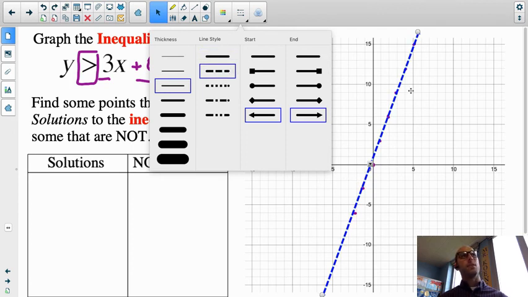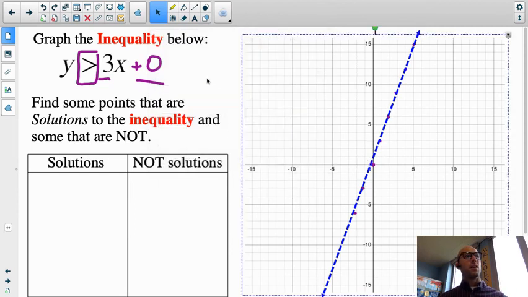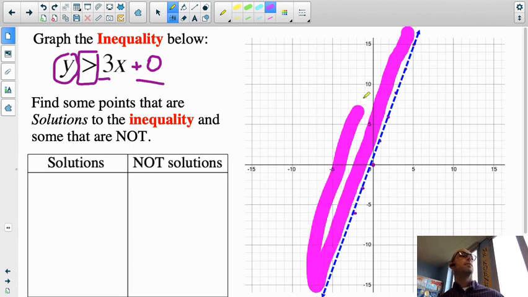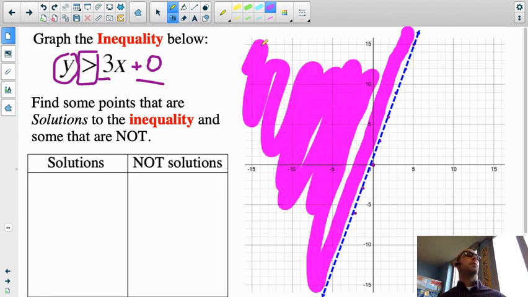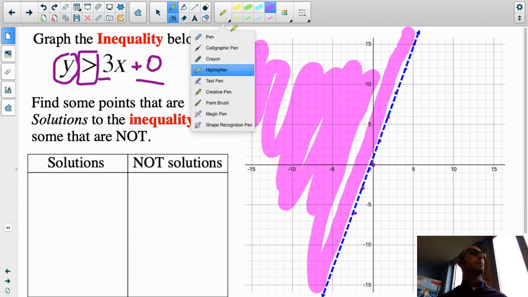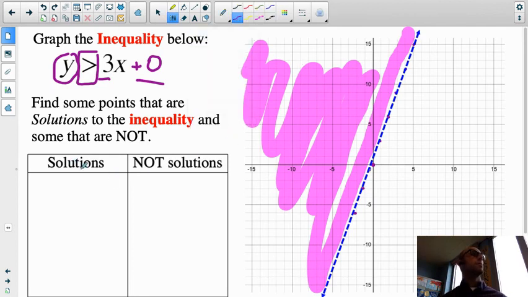Now I'm saying this is my boundary, but I'm not including those points. I'm only going to include the points that in this case are greater, so above the line. So I'm going to go ahead and shade everything above the line. I missed a tiny bit there, but I think you get the point. Everything over here.